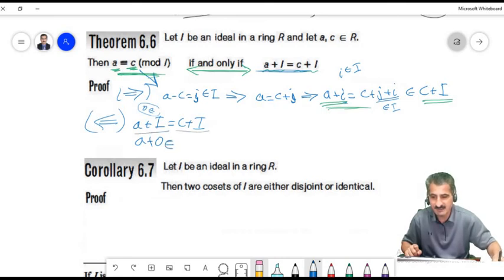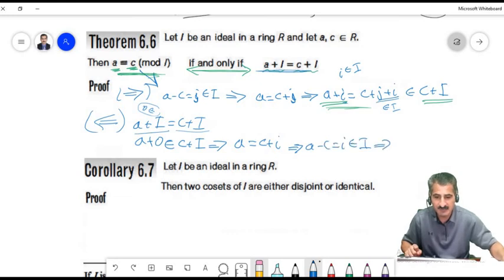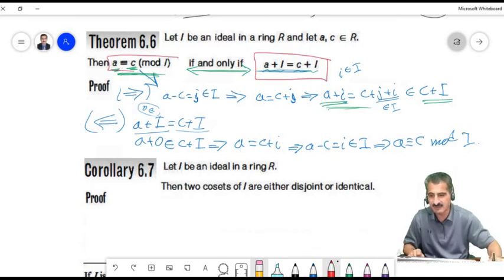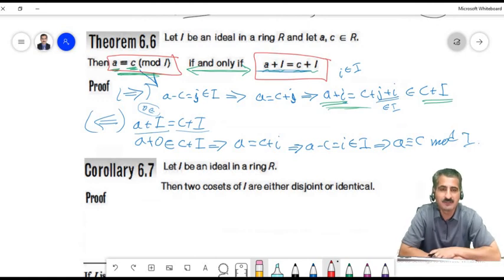That means this belongs to C plus I, and that means A plus 0, which is A, equals C plus some small i, and that means A minus C equals that i which belongs to I, and that means A and C are congruent modulo I. So this is the sketch of the proof, but I want you to remember that two elements will give you the same coset if and only if they are congruent modulo the ideal.